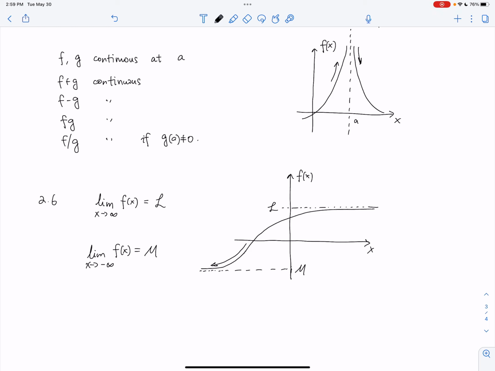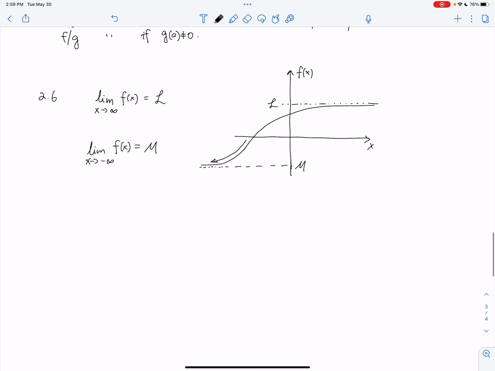One thing we see all the time is something like that. This limit is equal to 0, because if x becomes super large, you have 1 over a huge number. So that's very close to 0. In fact, the limit is equal to 0.